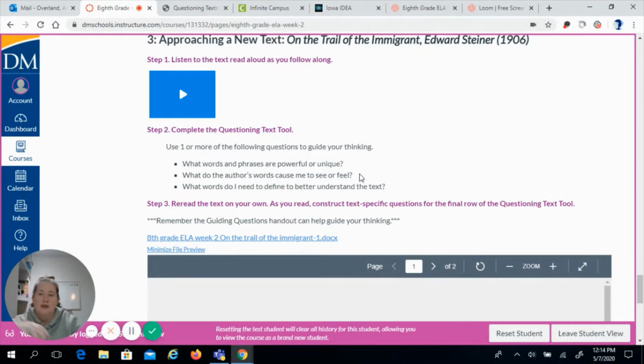The second one is, what do the author's words cause me to see or feel? So what emotions am I getting from the way the author writes? And then the last one is, what words do I need to define or better understand the text? So I am going to choose the second one because I really like focusing in on those emotions, specifically because this is a primary source.